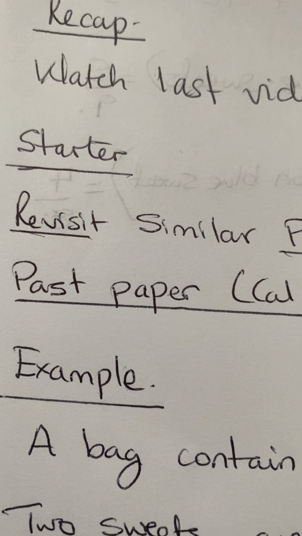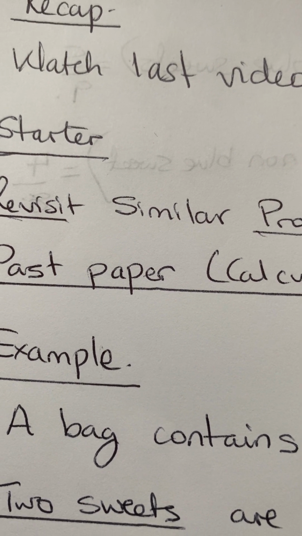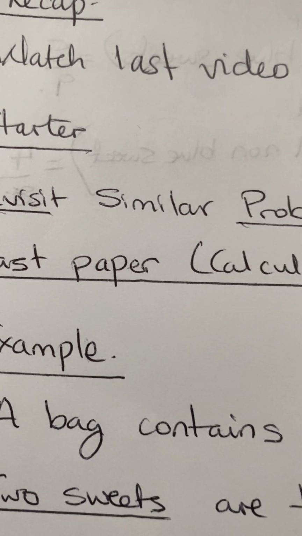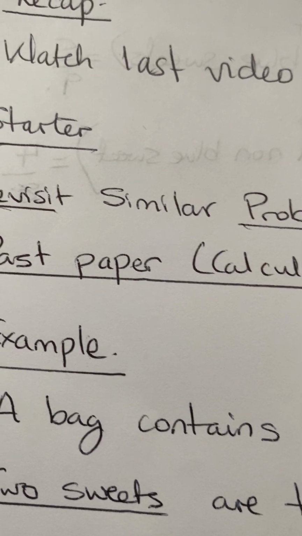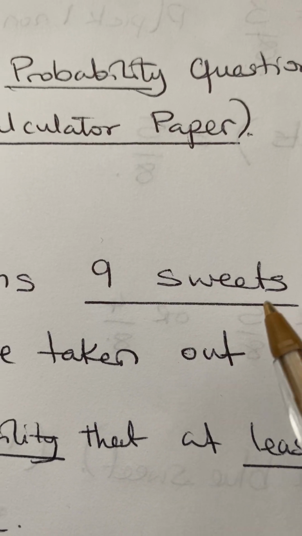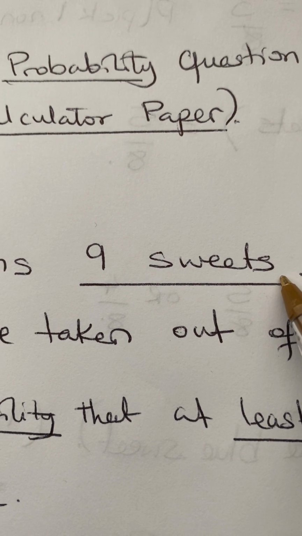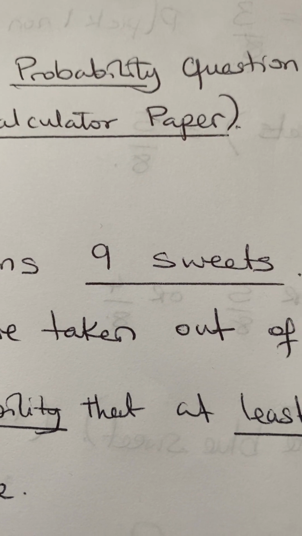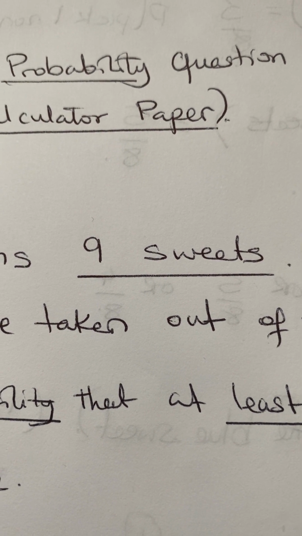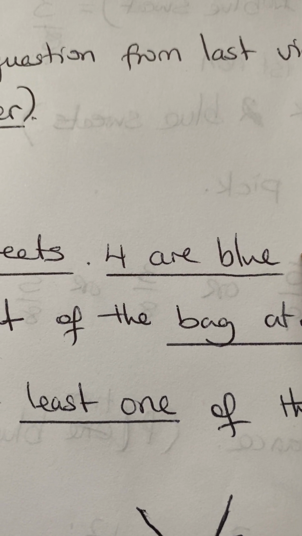So in the next few videos I might just use the starter to solve these questions, okay? A bag contains 9 sweets. Yesterday we saw counters. Today they have 9 sweets. So it can be 9 anything, 9 fruits, 9 balls, and then 4 are blue, okay?